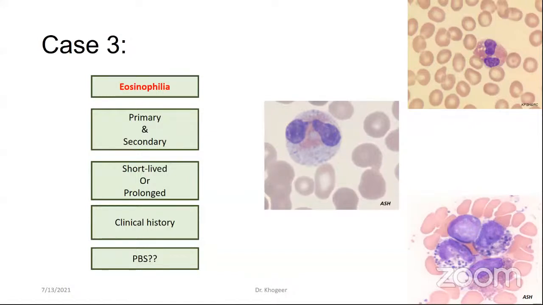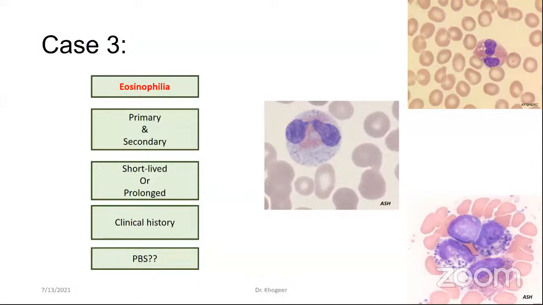However, frequent or marked dysplasia, especially when you have eosinophils with abnormal coarse granules like this one, coupled with dysplasia in the other cell lines or coupled with blasts, these findings favor a neoplastic process. Again, examine the peripheral blood carefully, especially the tail and the edges of the smear, as it may show some parasites.